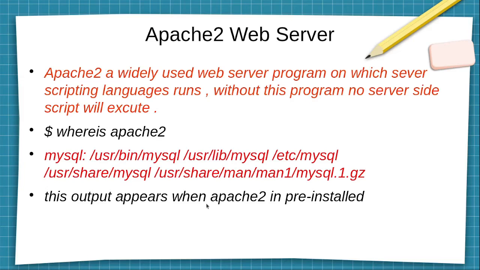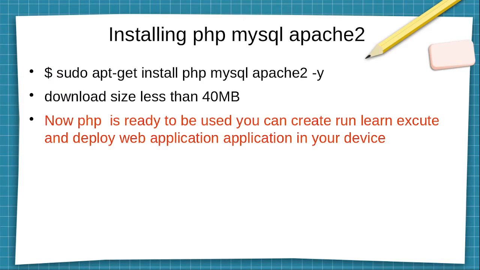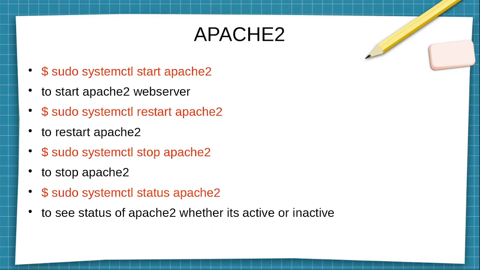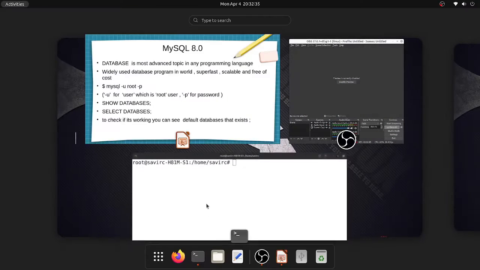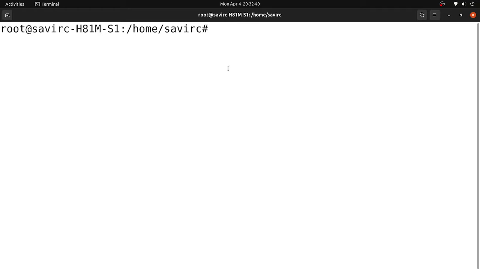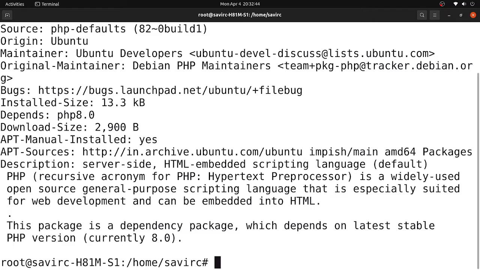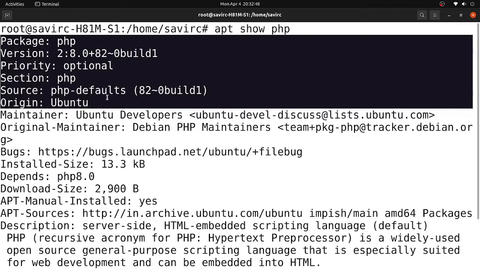Now it's time to check whether the software is available in your repository, which is stored in the /etc/apt/sources.list file. Log in as root and type apt-cache search followed by a name like php or mysql.